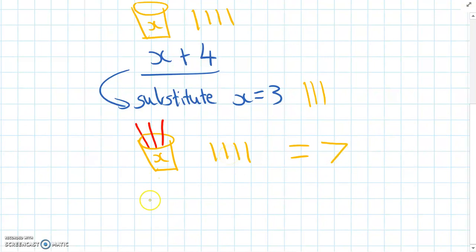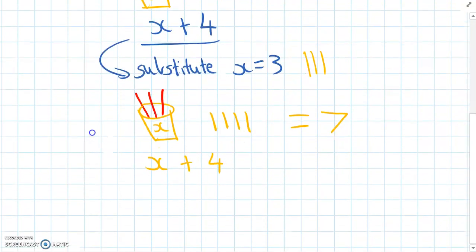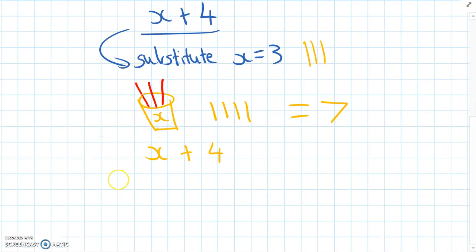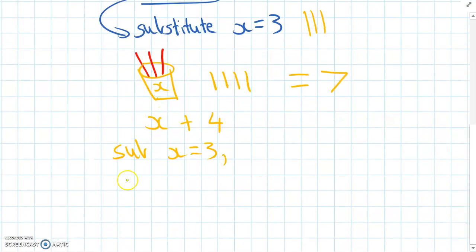And if we look at the number sentence version of that, we had our x plus 4, then we substitute x equals 3, which equals, and remember with substitute we replace the variable with the number that we're substituting.